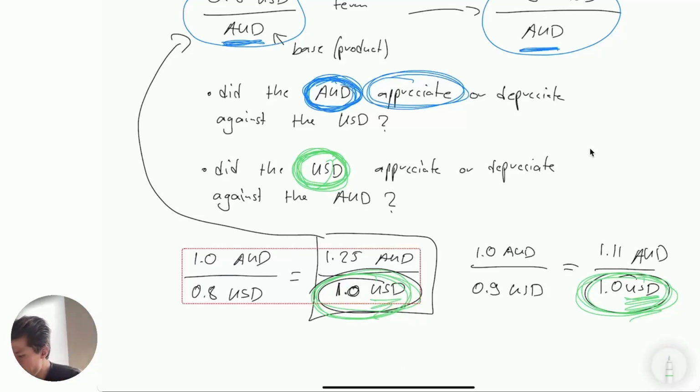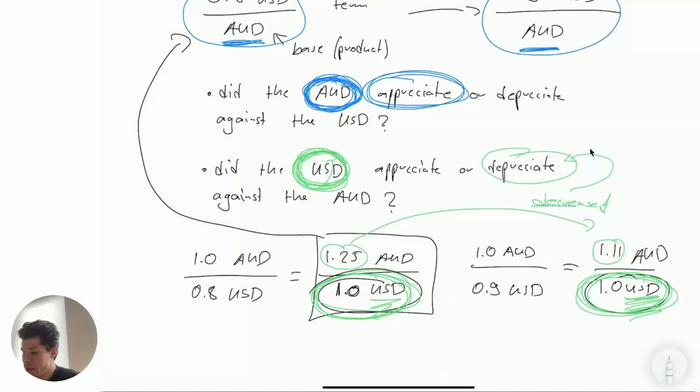And then what you see from 1.25, this is the information about your product. The number has decreased, which then is depreciated.